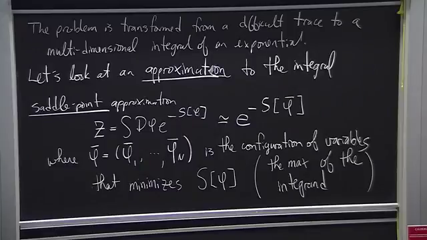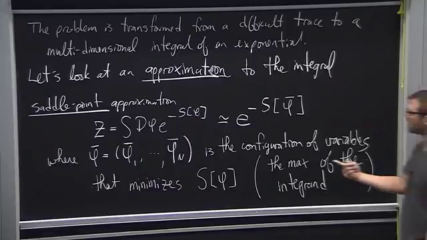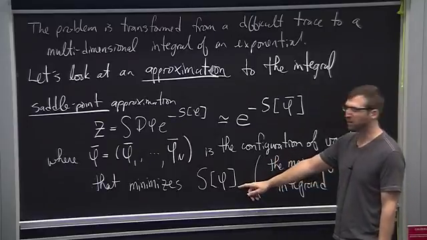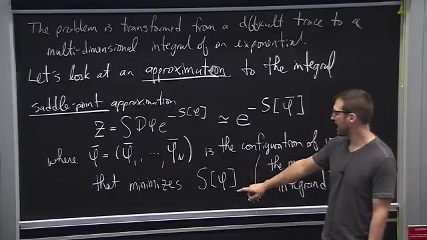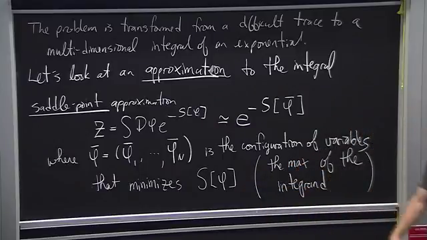To obtain this, all you need to do is find a minimum of the action, if you want to call it that, of that functional S. So you're just going to take a derivative of it with respect to the field phi i.